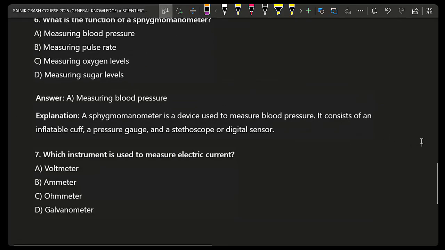Which instrument is used to measure electric current? Voltmeter, ammeter, ohmmeter, galvanometer.